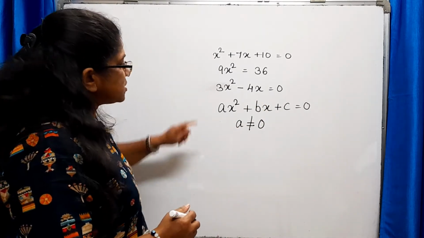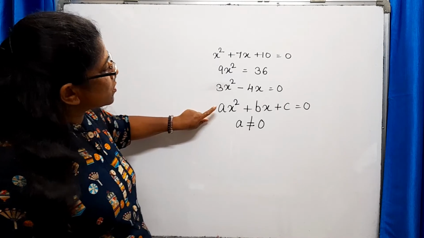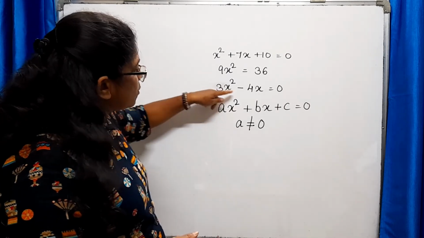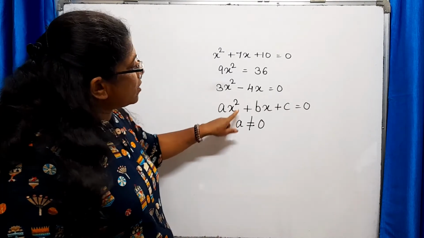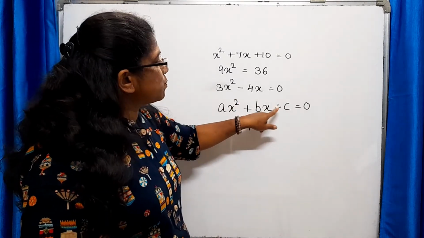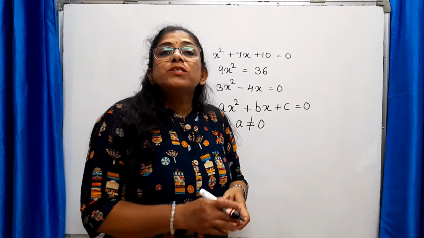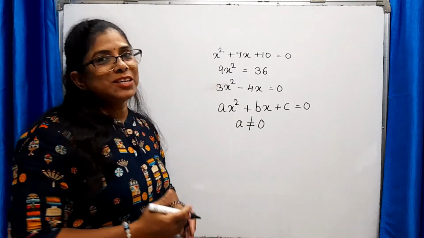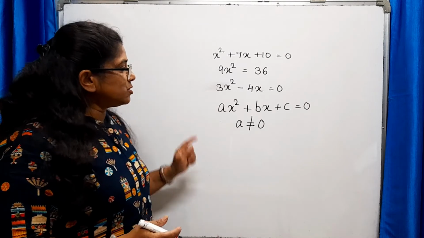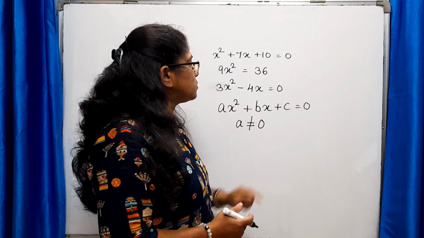Why? Because if the value of a is 0, then this x square term will go off. It will get cancelled. It will be 0. And we will be left only with bx plus c equal to 0, which is no more a quadratic equation, but it becomes a linear equation. So the condition is a is not equal to 0.